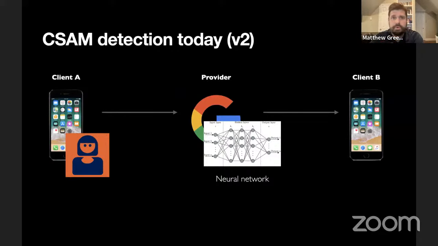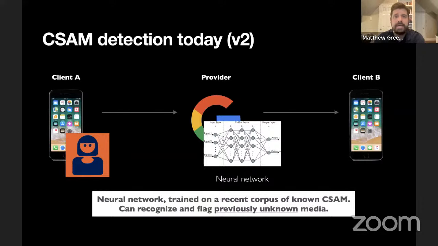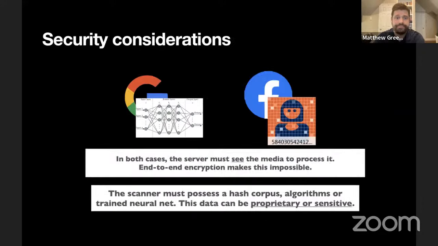These newer approaches, like the one being pioneered by Google, are trained on a large corpus of known content, but they can then recognize potentially novel content. And this makes them more powerful, but also with a higher risk of false positives, potentially. So these are the two systems that are in use today outside of encrypted systems.